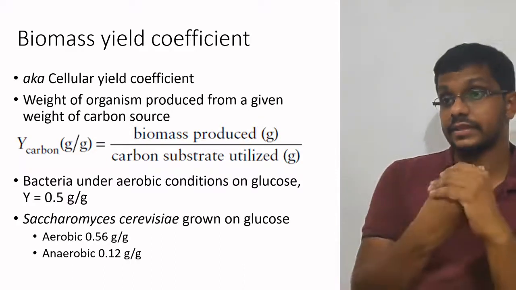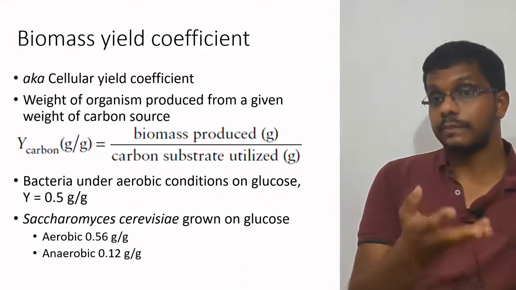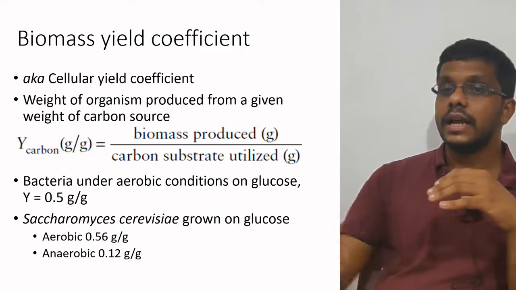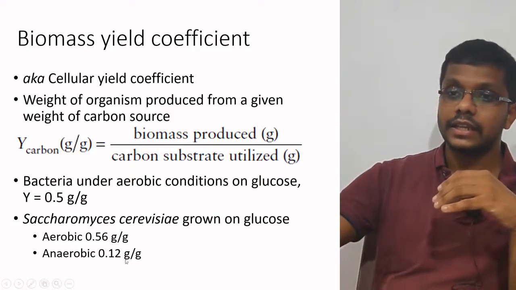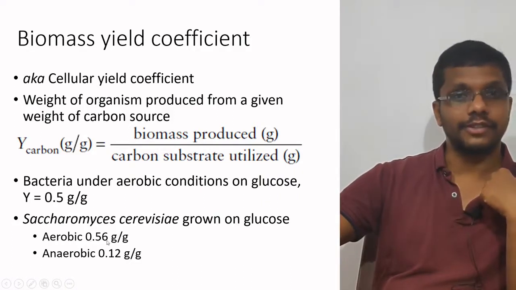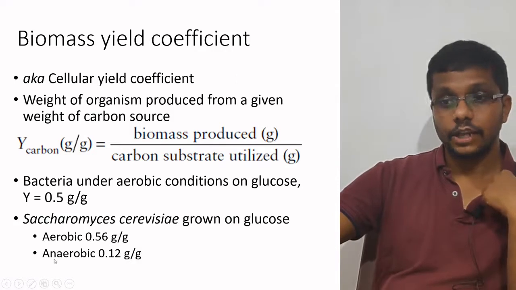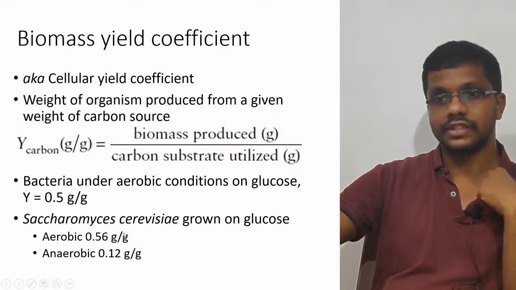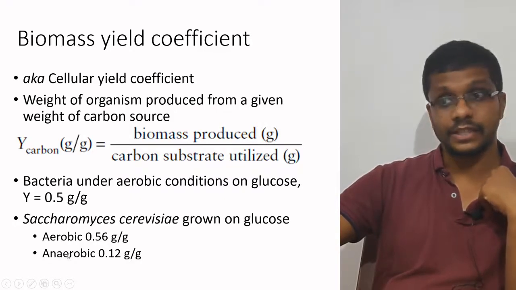In the case of Saccharomyces cerevisiae, if you are using the same glucose as a carbon source, at aerobic condition the biomass yield coefficient is 0.56. And at anaerobic condition, it is 0.12. As we know, there is a huge difference between aerobic respiration and anaerobic respiration.